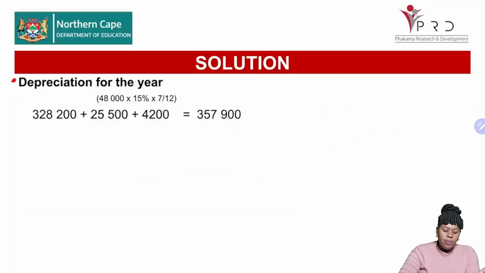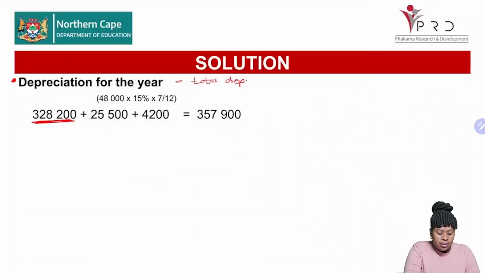Now, we know that when we are talking about depreciation for the year, we are talking about the total depreciation. Okay. Now, the total depreciation means that we have to adjust the specific amount. We've already calculated the 328,200. Okay. That is the incorrect amount.